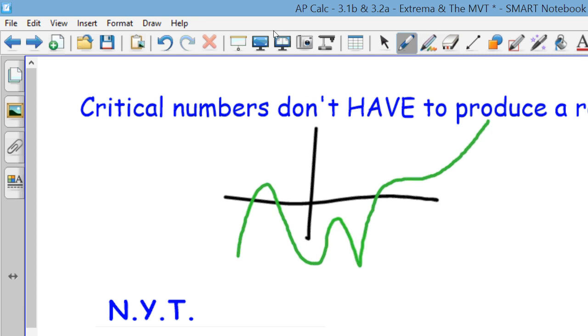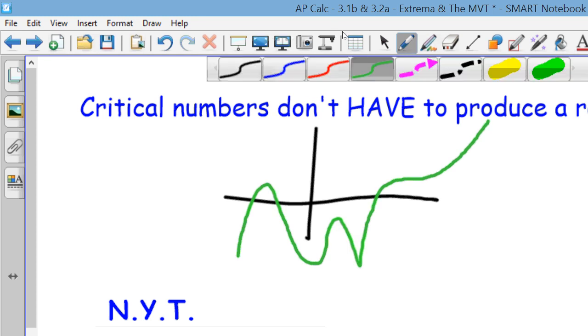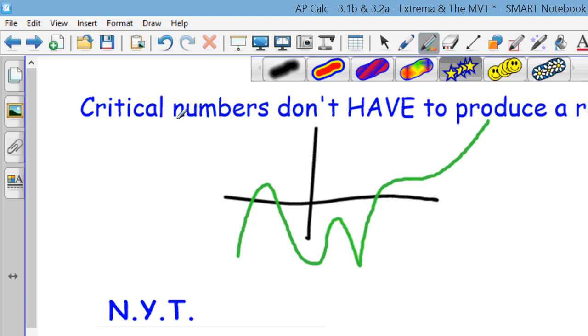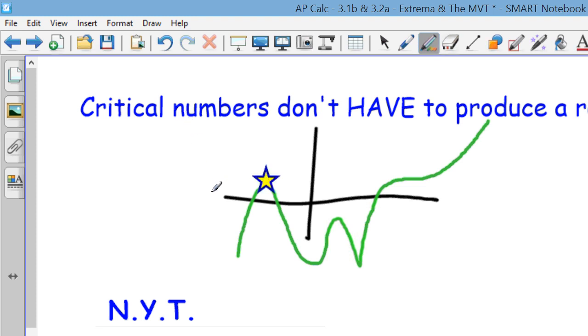Okay, so now let's talk about where we have critical numbers. So let's see, what can we do here? I think actually we could say there's a critical number here. There's a critical number here, right? There's a critical number here, critical number here, critical point here, critical point here, right? Now what you notice is that this is a max, this is a min, local max, local min.